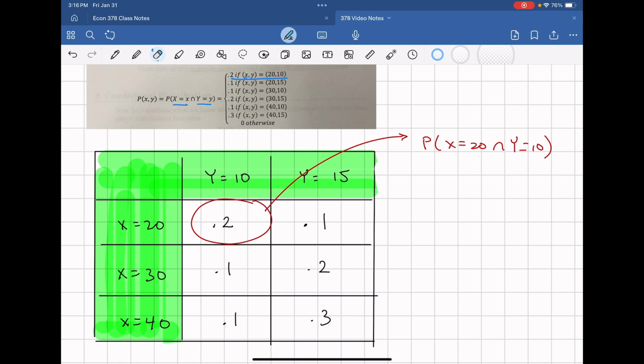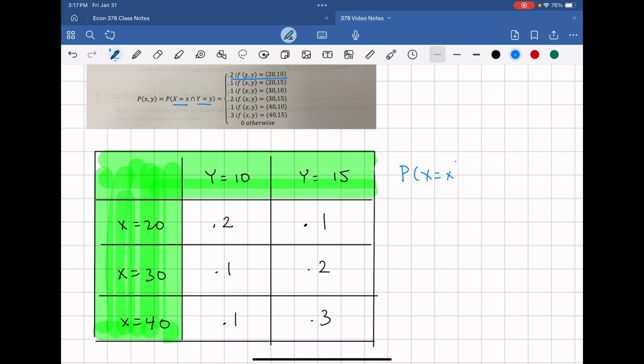Now from this, we can calculate, well, what if we want to come up with a marginal distribution? What if we want to look at the probability of x happening? Well, if that's the case, then one thing we can do is look across here to see what we're going to call the probability that X equals x.